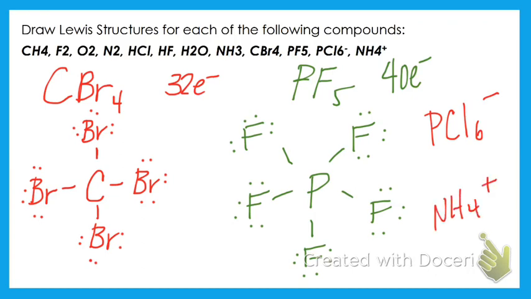Tell me how many electrons each one of those should have, just so you know what you do when they're negative and positive. 48. 48 for this one, because we had to add 1 because of this. And then NH4 plus, 8, because we had to subtract 1 for that one. Okay, so draw those just real quick on your own and I'll check them out.